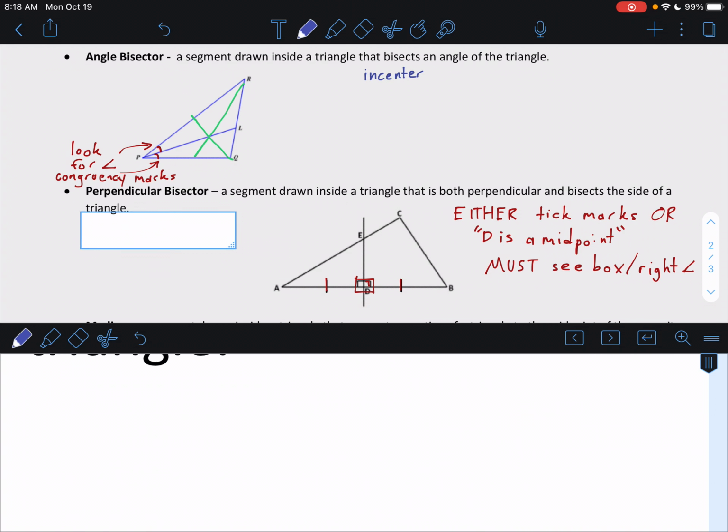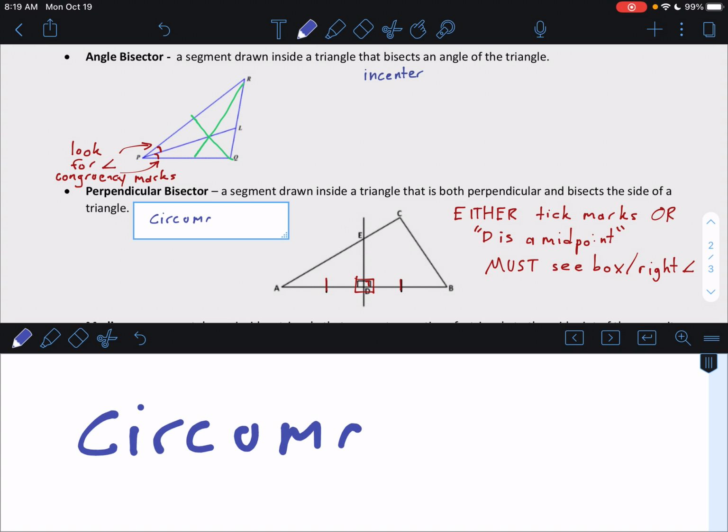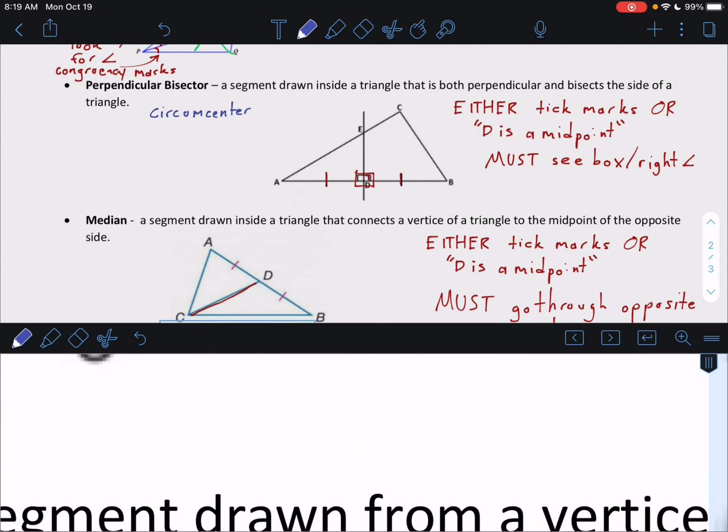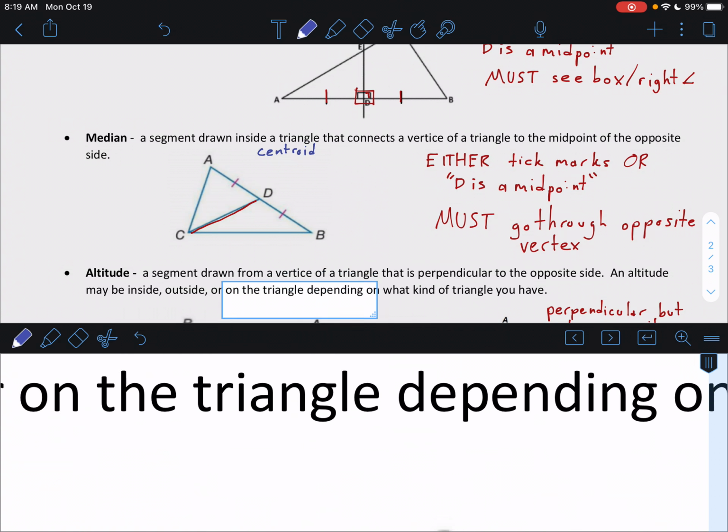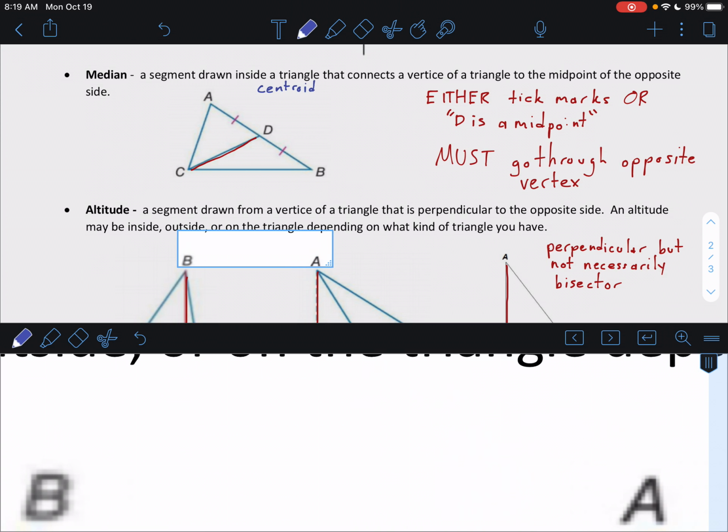If you draw all 3 perpendicular bisectors on a certain triangle, they will meet at what is called a circumcenter. If you were to draw all 3 medians on a triangle, they would meet at what is called a centroid. And if you were to draw all 3 altitudes on a certain triangle, they would meet at what is called an orthocenter.